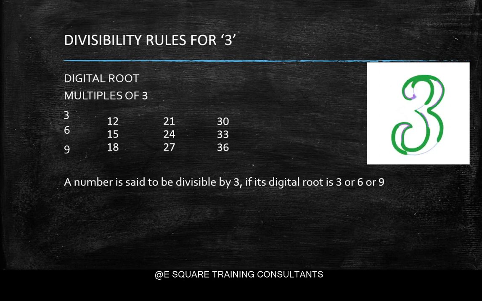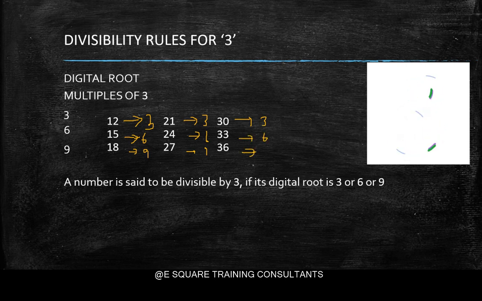If you find the digital root of the other multiples, leaving 3, 6 and 9, whose digital roots are 3, 6, 9 themselves: for 12, 1 plus 2 is 3; 1 plus 5 is 6; 1 plus 8 is 9. Again, 2 plus 1 is 3, 2 plus 4 is 6, 2 plus 7 is 9, 3 plus 0 is 3, 3 plus 3 is 6, 3 plus 6 is 9.